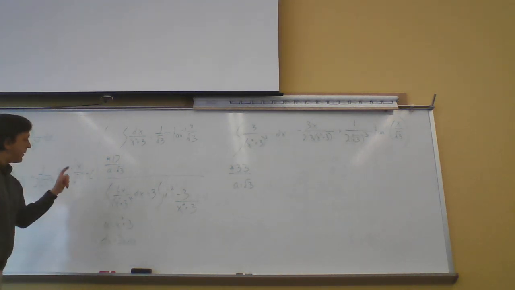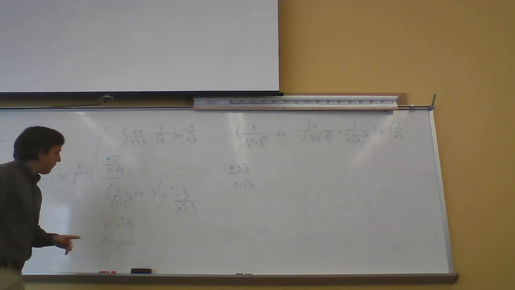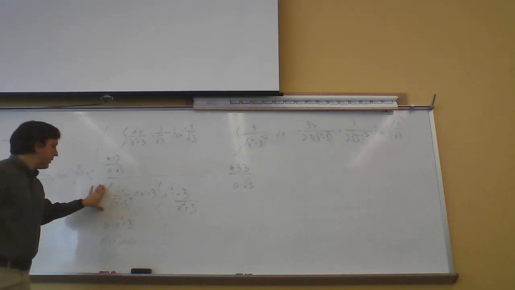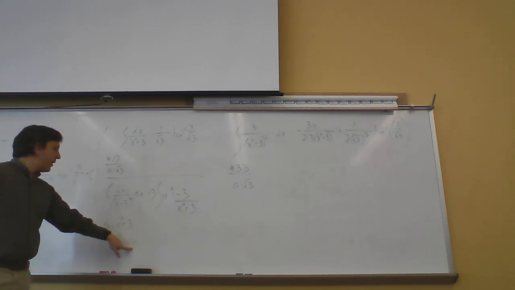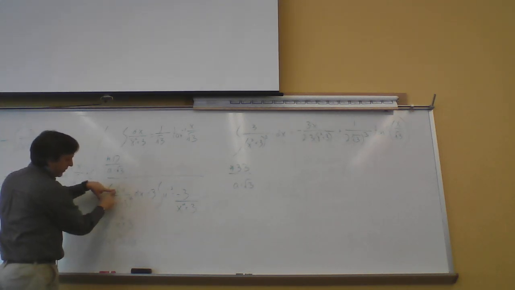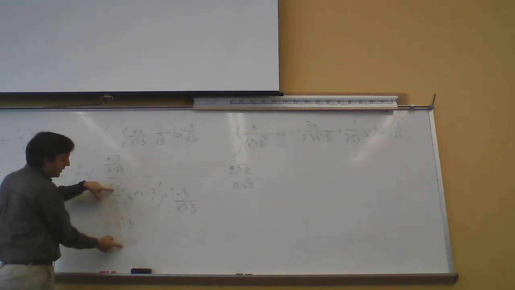All right, the second one is a little bit more fun. Actually, I really like the second one because it's just a basic substitution. If we let u be x squared plus 3, du is 2x dx. So I still need a 3 because of the 6, right? 2 times 3 would be 6.